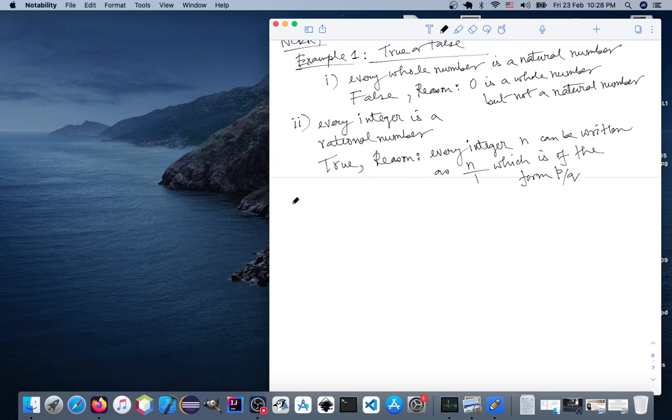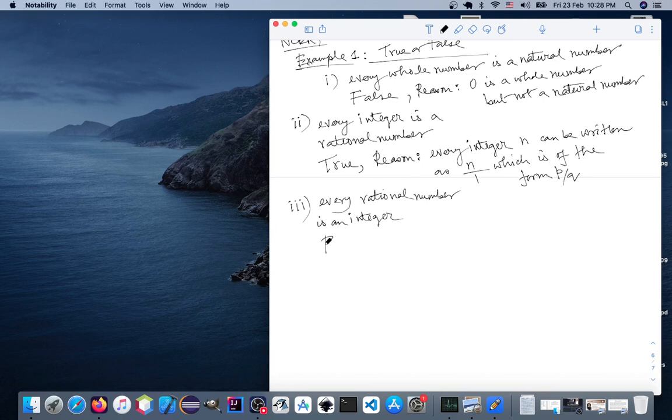Now, the third one says every rational number is an integer.